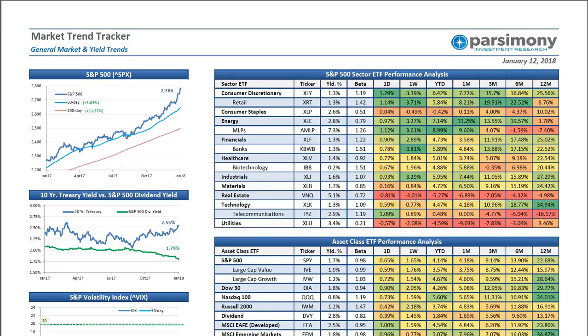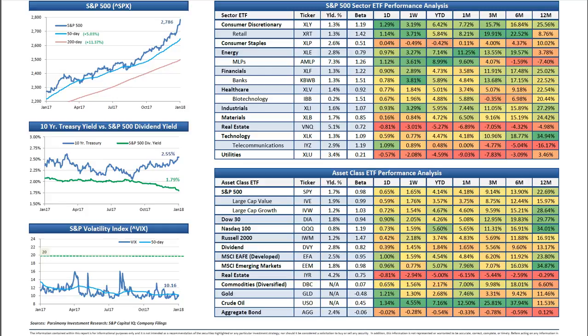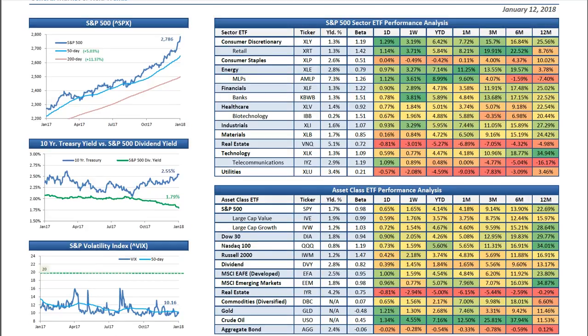So here's the first page, and I'll explain how this is working. We've got the S&P 500 over here on the left-hand side. I've got a graph here that looks at the Treasury yield versus dividend yield. Obviously, as dividend investors, interest rates have an effect on the attractiveness of higher yielding dividend stocks.